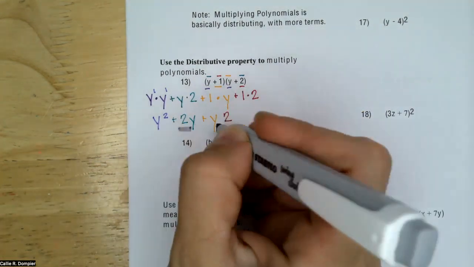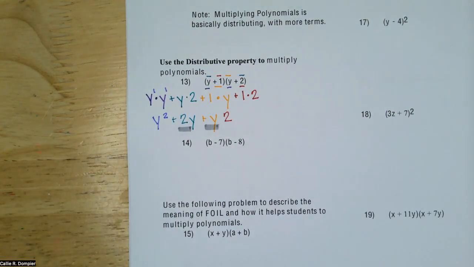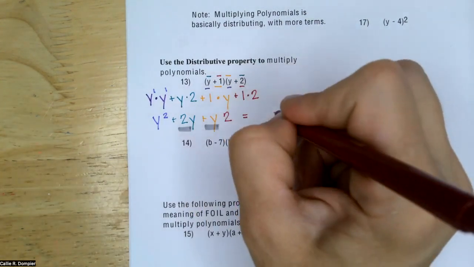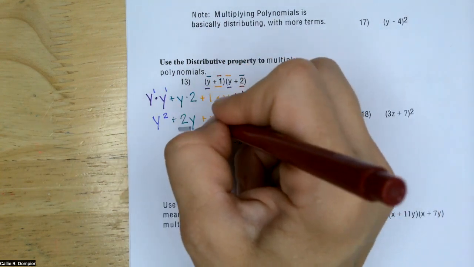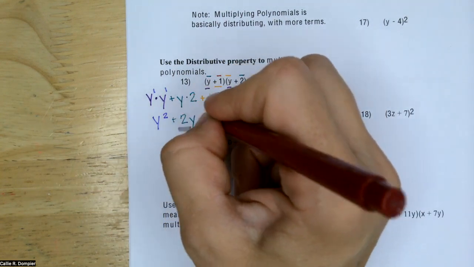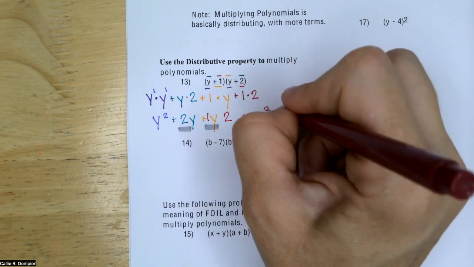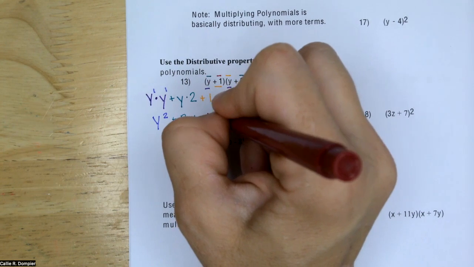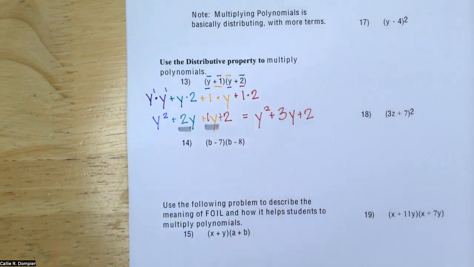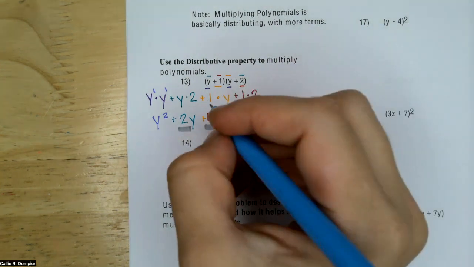Our like terms are 2y and y. So what we end up with is y squared plus, we're combining like terms, so the y stays the same, 2y and 1y is 3y. Oops, sorry, plus 2. Final answer. Good?